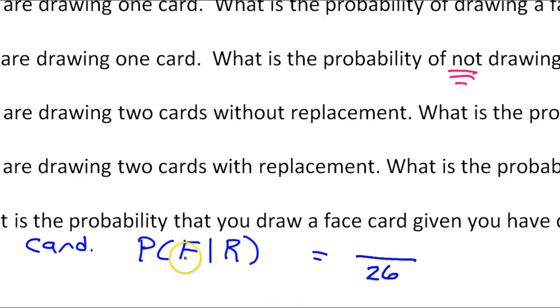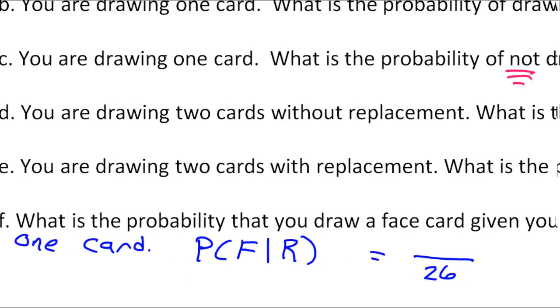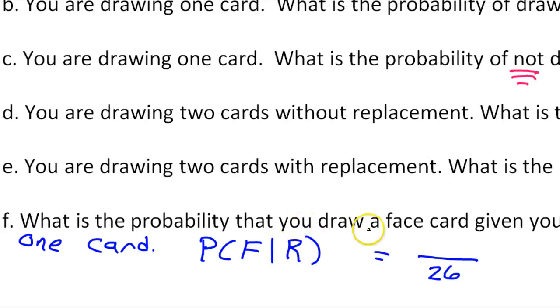So now we go back and look at, so what are they asking us again? What's the probability that it's going to be a face card? Okay, so looking at only the red cards, alright, because we're already given that it's a red card, how many of those are face cards?